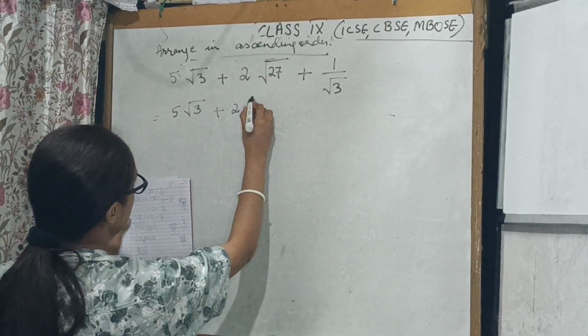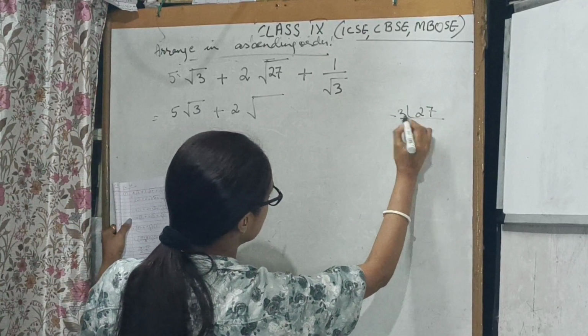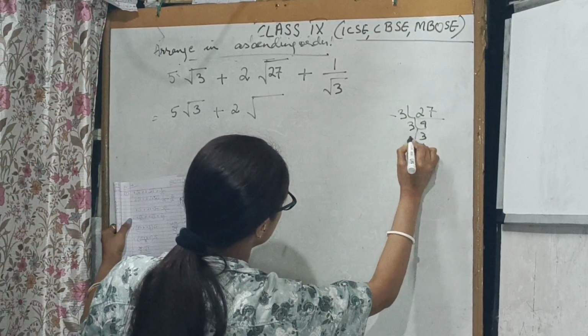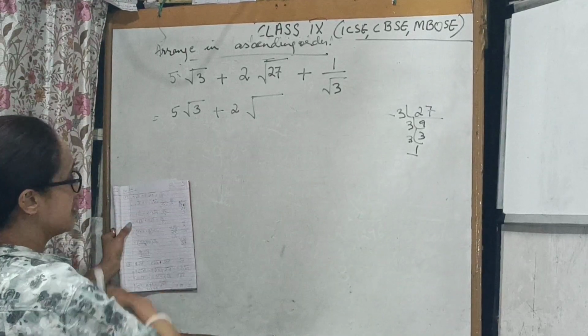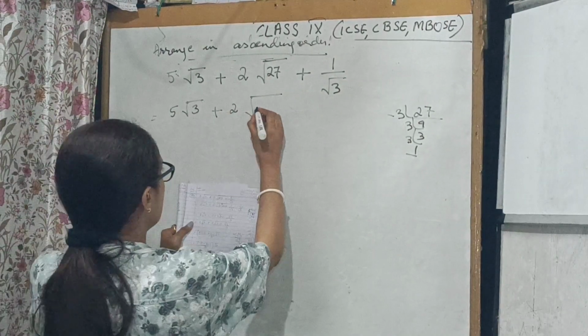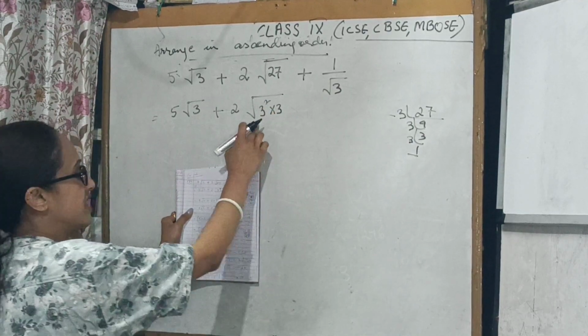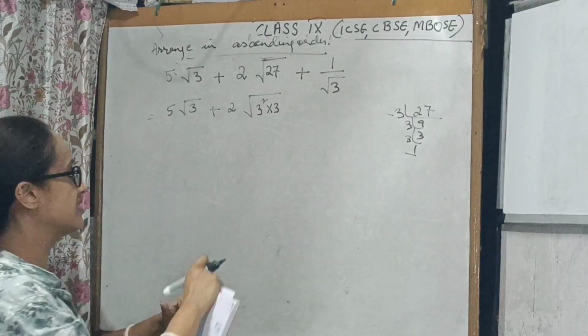Again, as I said, bigger number inside, so take factors. 3 9, 3 3, 3 1. Since it is a square root, you have to put the numbers in pairs of 2. That is 3 square into 3. 3 3s are 9, 9 3s are 27.